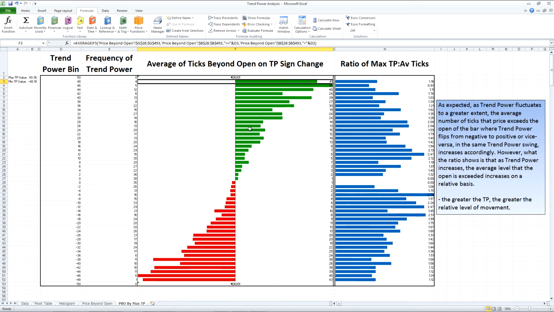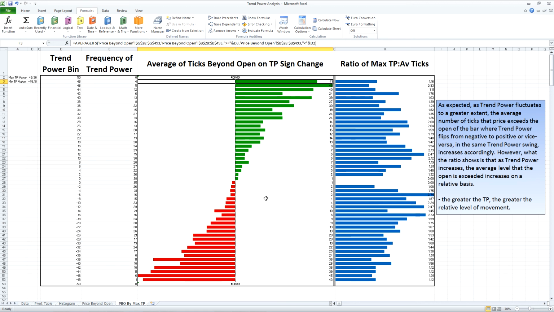So once you've done that, and I won't go through these things in detail at this point, you can see that the average of ticks beyond the open of each trend power swing does very clearly increase as the maximum of trend power increases, and that's pretty obvious.